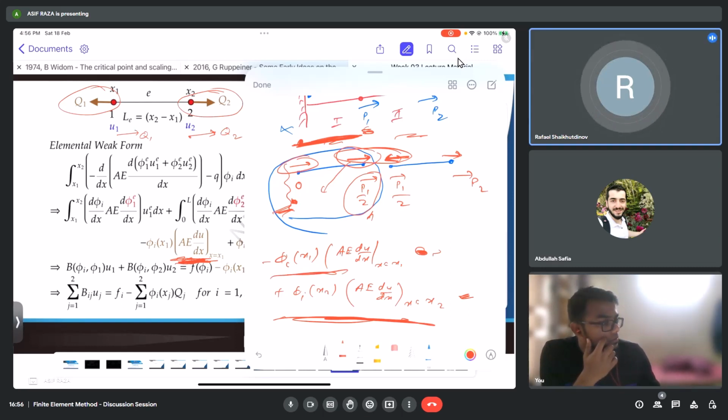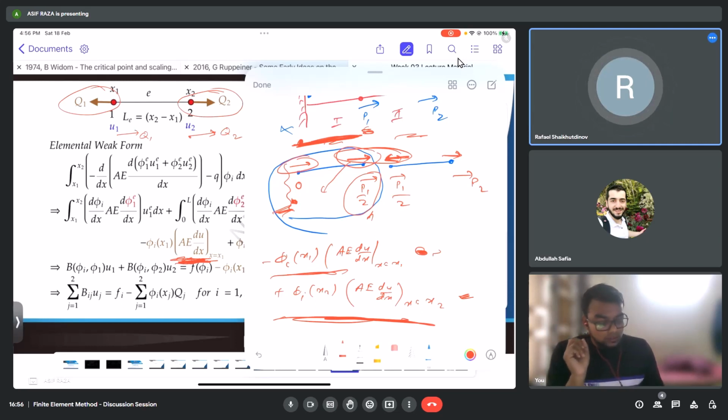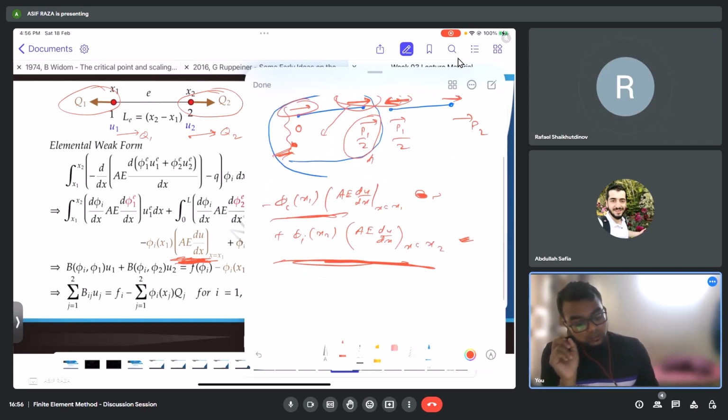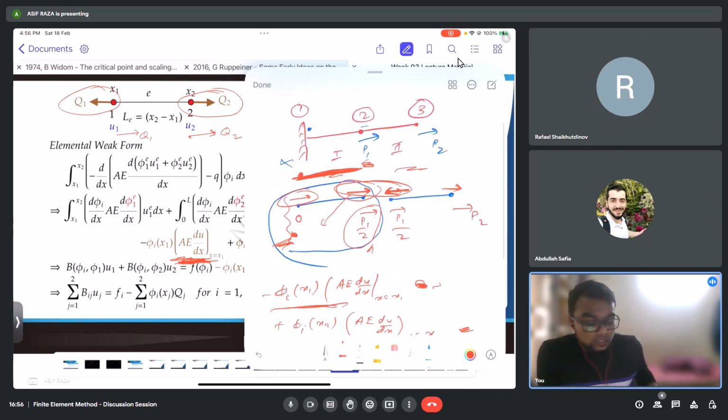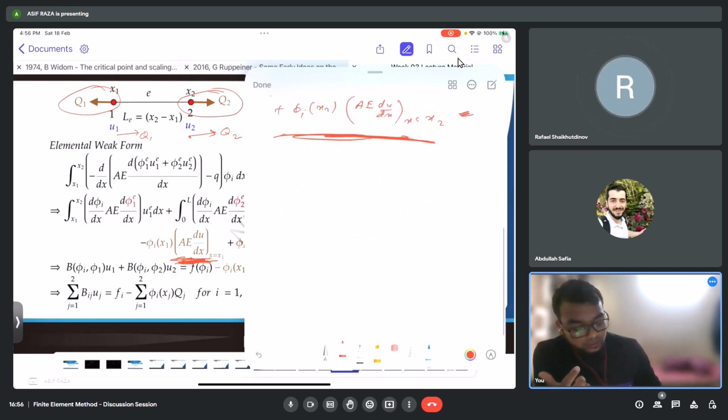It is difficult even in the bar element, so let us say in a beam element. As the bar was restricted in the movement of u1, the conjugate of u1 is force.